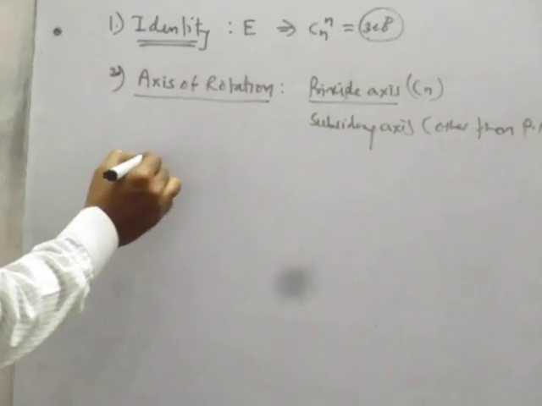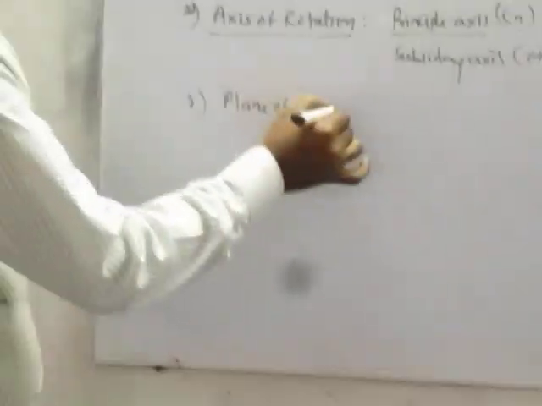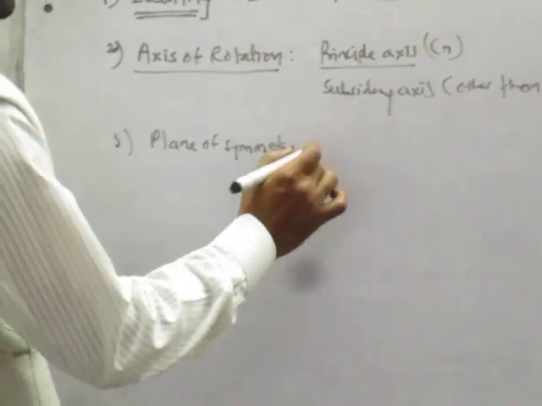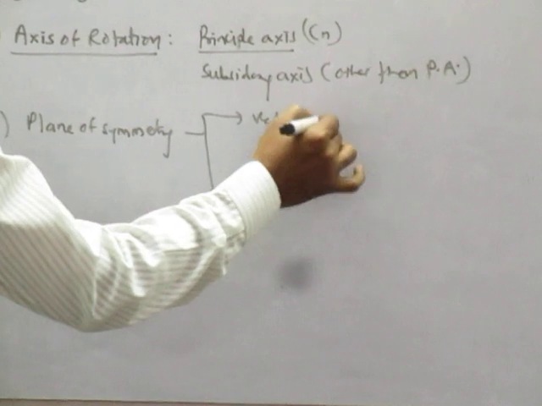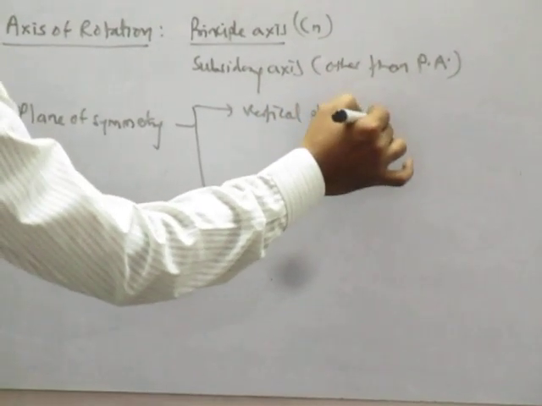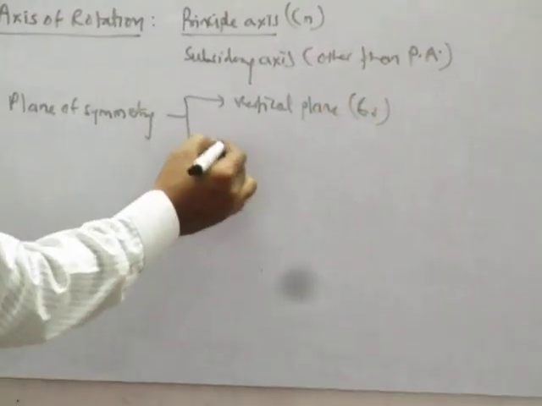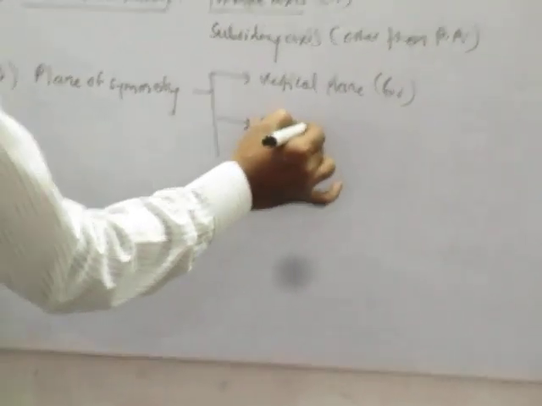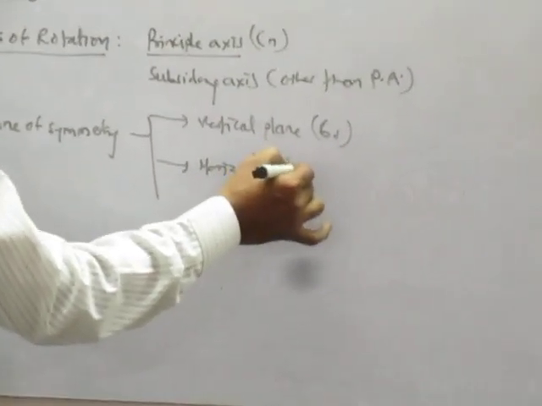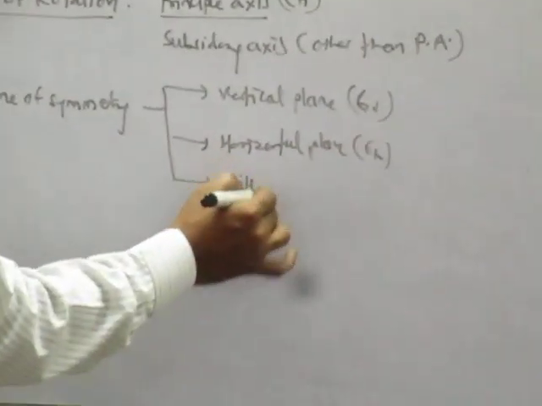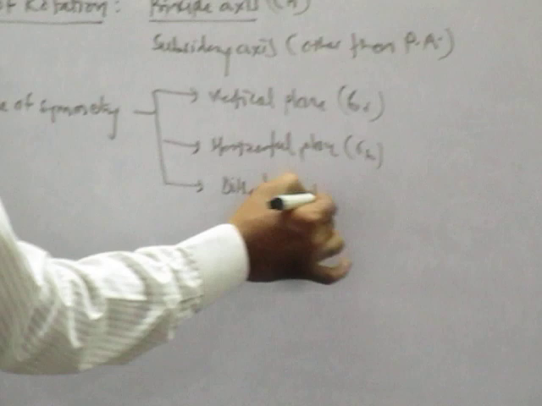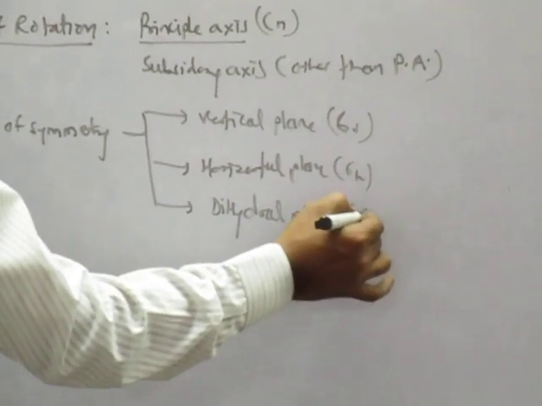Third, plane of symmetry. The molecule can contain three types of plane: the vertical plane denoted by sigma v, the horizontal plane denoted by sigma h, and the dihedral plane denoted by sigma d.